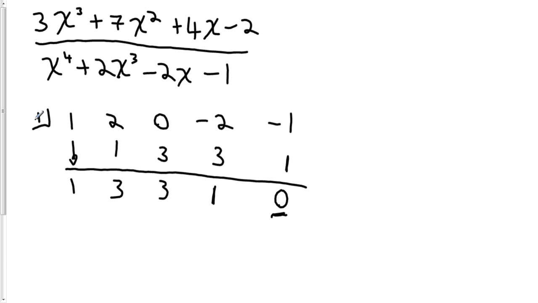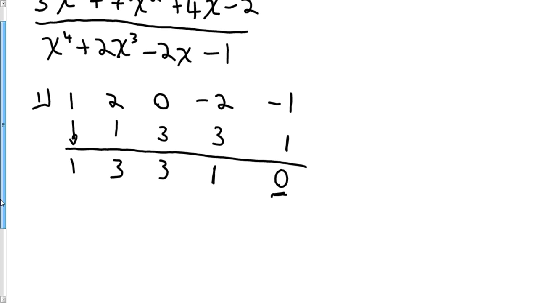So the number 1 is a 0 of the denominator, which means that x minus 1 is a factor of the polynomial. Since x minus 1 is a factor, what would be the other factor?